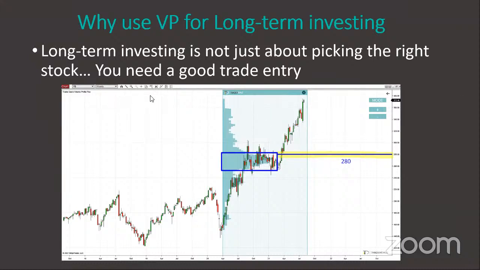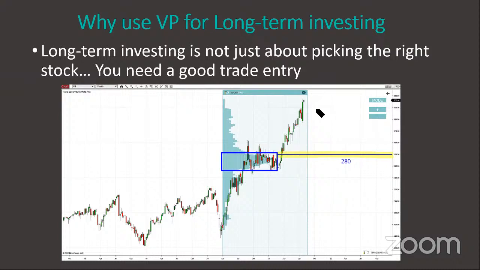If you look at the picture, this is Facebook stock, and there's a crazy strong uptrend. Buying that stock just because you like it fundamentally, anywhere, which would mean in here at historical maximums right now, wouldn't really be smart. So you need a good trade entry.